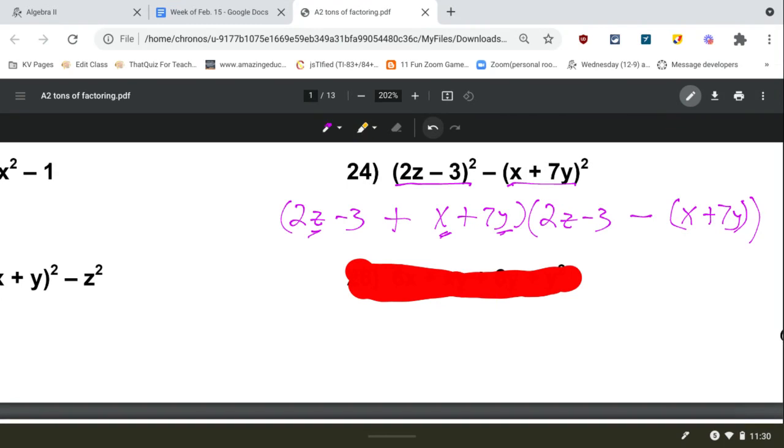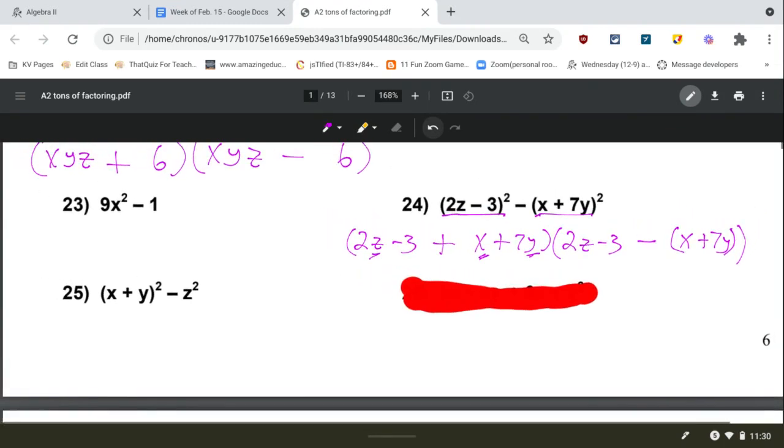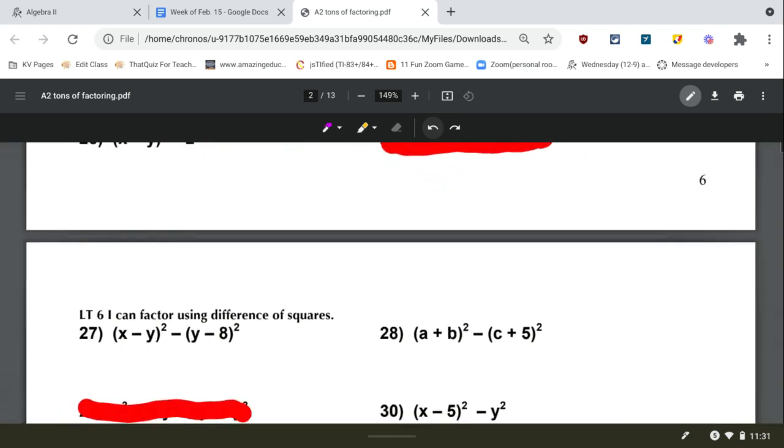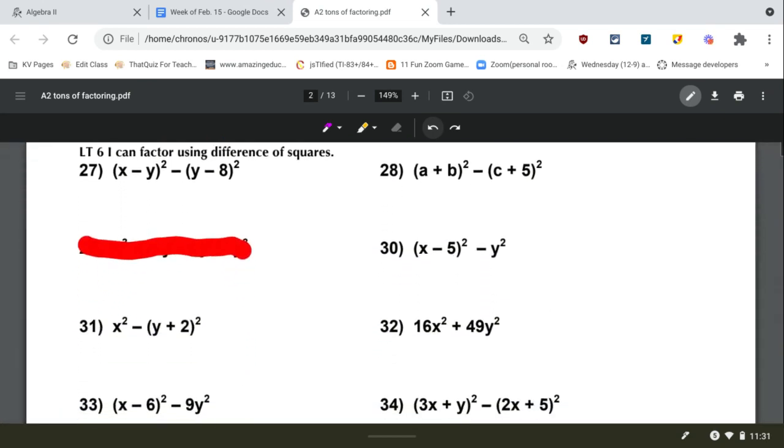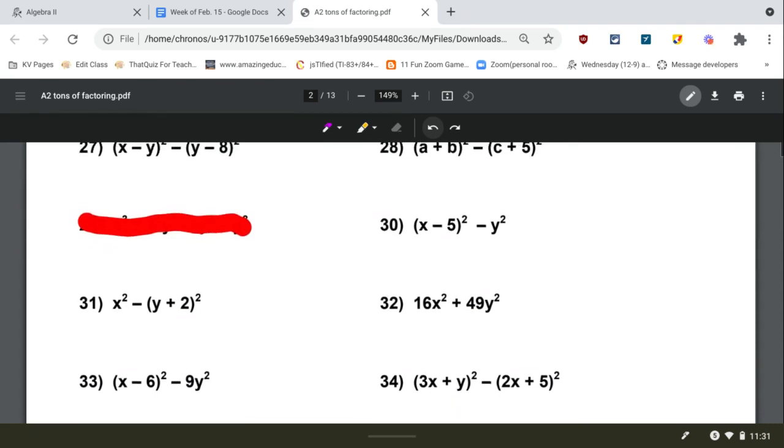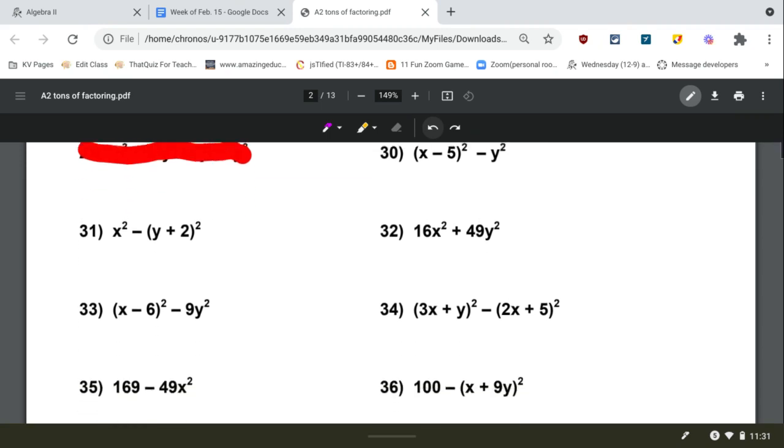We're not going to have any common terms to combine on this one. All right. Normally, you'd have to distribute that negative and combine like terms, but on 24, you won't. If you were to do number 27 or number 34, you would have to do something like that.